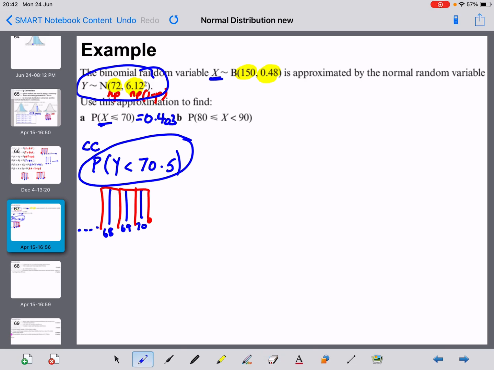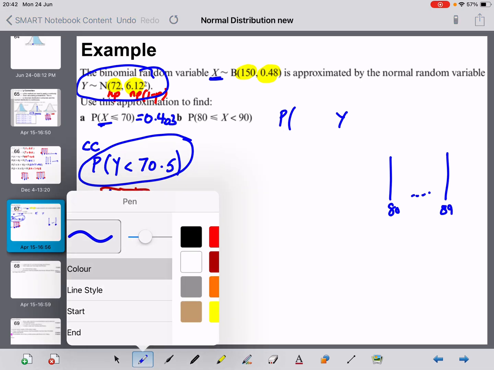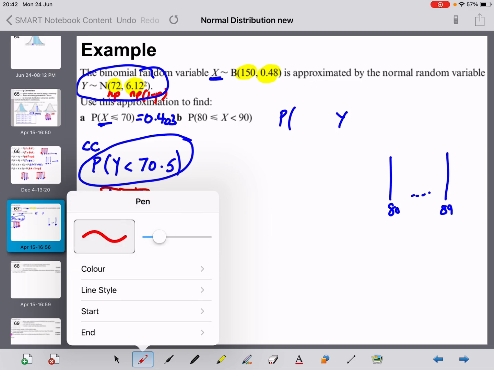Okay, probability that X is greater than 80 but less than 90. So if we do the continuity correction, that means that Y is inclusive of 80, which means we need a stick at 80, and then that's going to go up to, but not including 90, so it's going to go up to 89. And then those sticks are going to get fat.